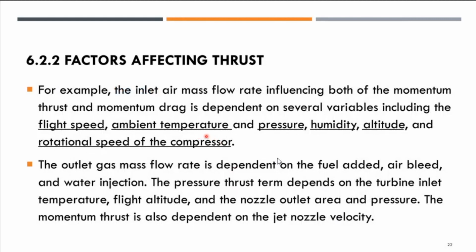For example, the inlet air mass flow rate influencing both the momentum thrust and momentum drag is dependent on several variables, including the flight speed, temperatures, pressures, humidity, altitude, as well as the rotational speed of the compressor, revolutions per minute, RPM. So the outlet gas mass flow rate is dependent on the fuel added, how much fuel is being added to the combustion chamber, air bleed, as well as water injection in the system.